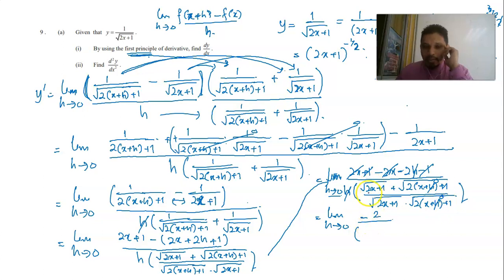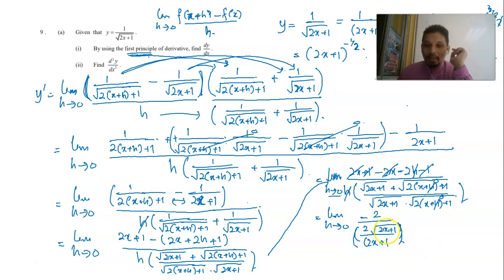So then square root of 2x plus 1 plus square root of 2x plus 1 comes out as 2 square root of 2x plus 1, divided by square root of 2x plus 1 multiplied with square root of 2x plus 1 with h equal to 0, which gives you 2x plus 1.